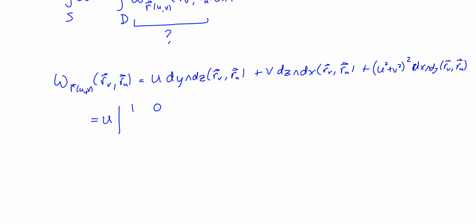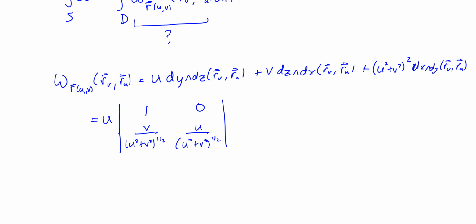So I get a 1 and a 0, and then the k component of r of v is u over (u squared plus v squared) to the 1/2, and the k component of r of u is u over (u squared plus v squared) to the 1/2.